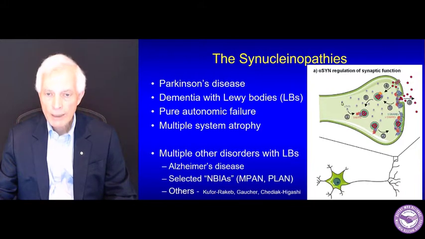And alpha-synuclein, the little purple dots in this cartoon, have an important role in packaging the transmitter. For example, if this is dopamine, alpha-synuclein helps package the dopamine into what are called vesicles. It encourages the vesicles to come to the end of the terminus and release the dopamine, and then take up the dopamine and repackage it back into these vesicles. And so normally alpha-synuclein has an important role to play in synaptic function.